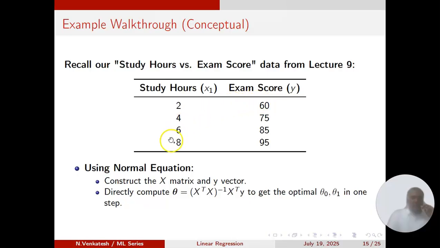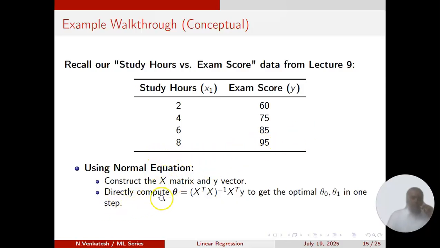Here we are interested in finding a relationship between y and x1. Let us consider a linear relationship, then y is theta naught plus theta 1 into x. We have to find theta naught and theta 1 by considering this data set.